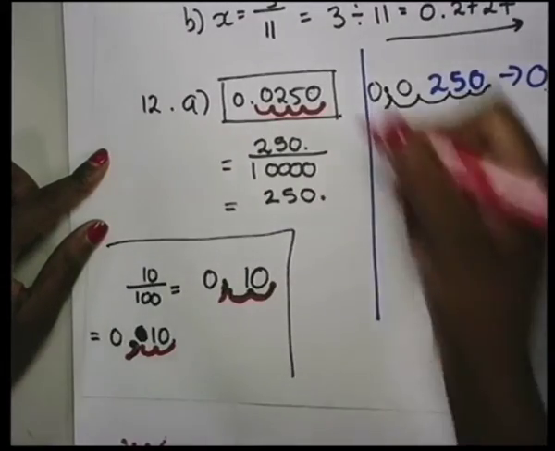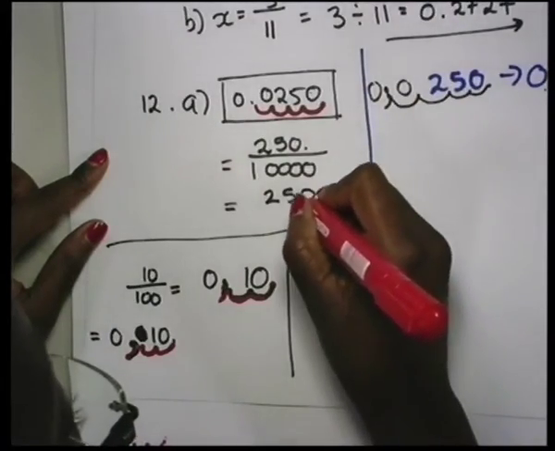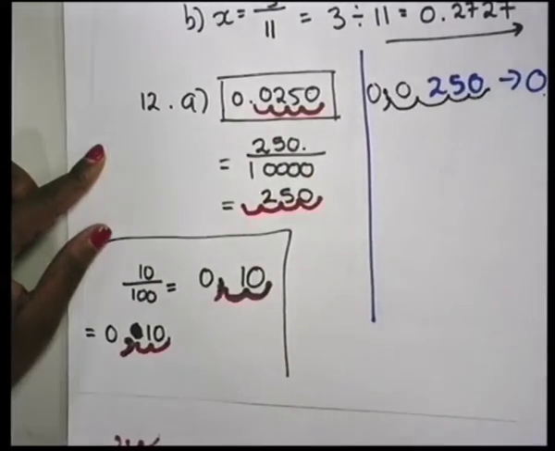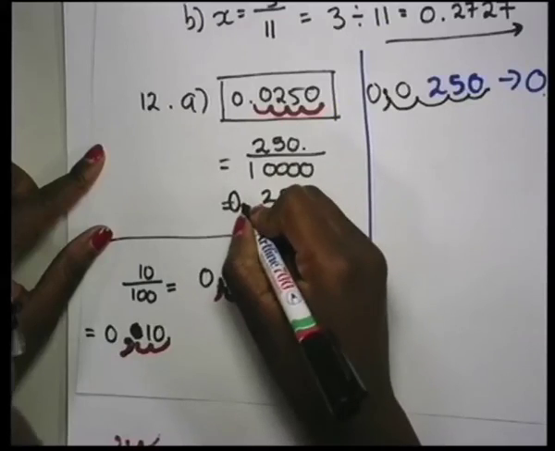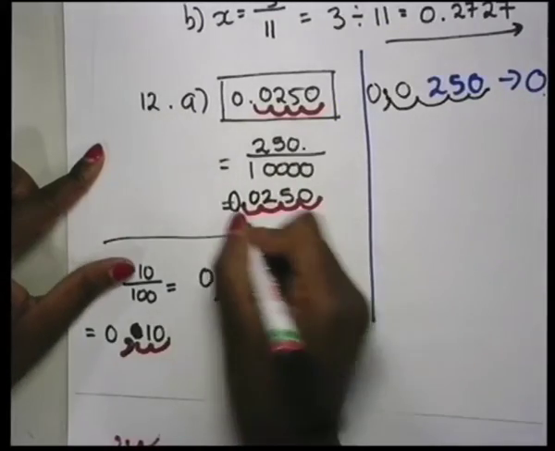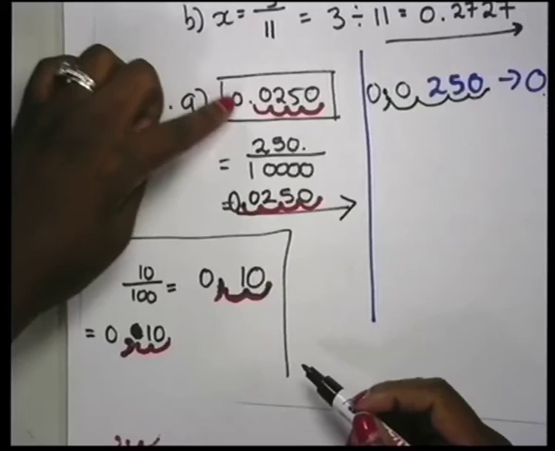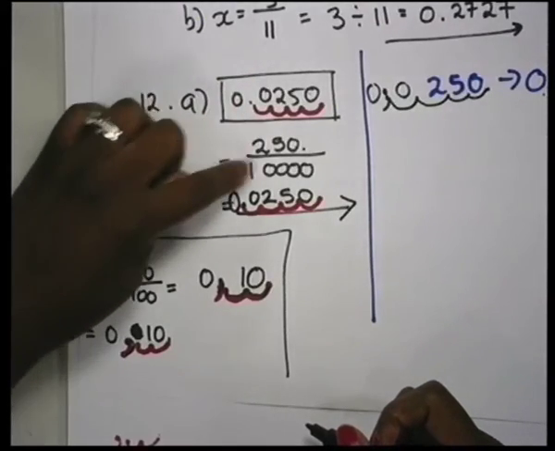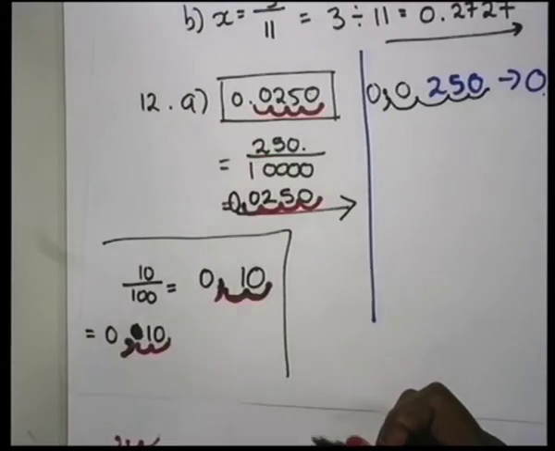It's a point, so we need to move 4 places back. So it's 1, 2, 3, 4, which would then equal 0.0250, meaning that our answer is correct. If we have to convert this decimal into a fraction, it will be 250 over 10,000, like what we have there.